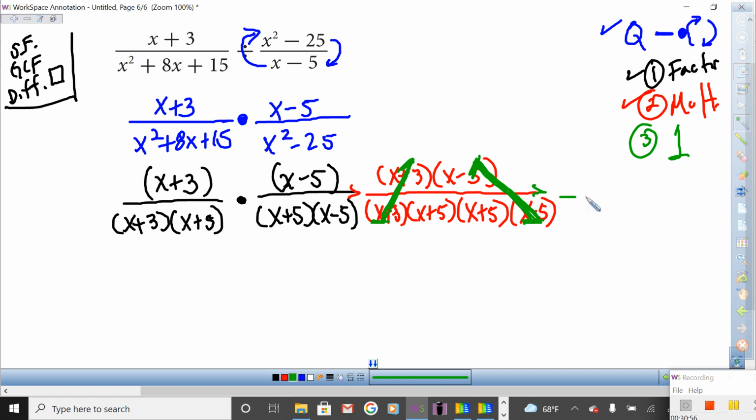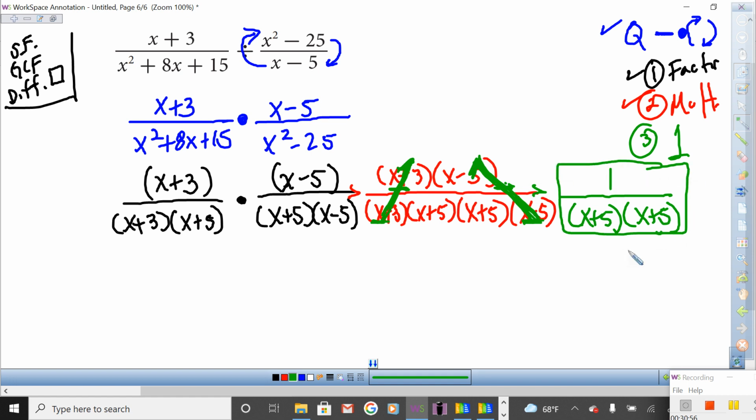So, do we have anything left on the denominator? Yes, x plus 5, x plus 5. How about the numerator? No, however, check this out. Isn't this a 1 on the numerator and a 1 on the denominator? So what is 1 times 1? 1, yes.